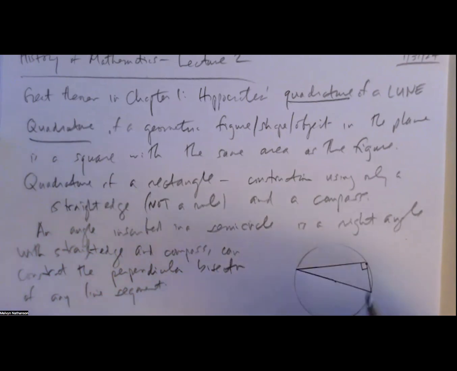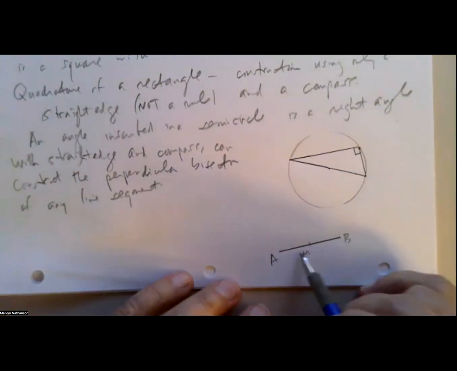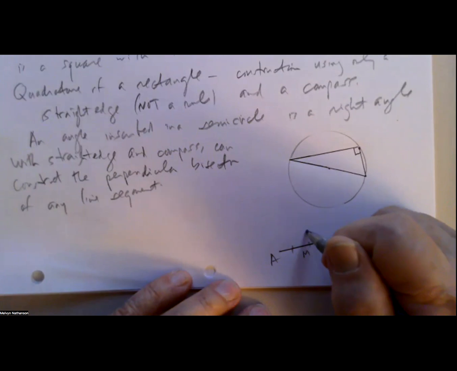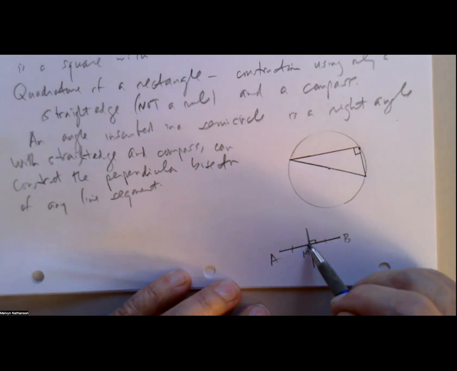So what is a perpendicular bisector? Here's a line segment, AB. There's a point called M between A and B, which divides this line segment into two equal pieces. And you can construct a line perpendicular to AB through this midpoint M of the line segment AB.